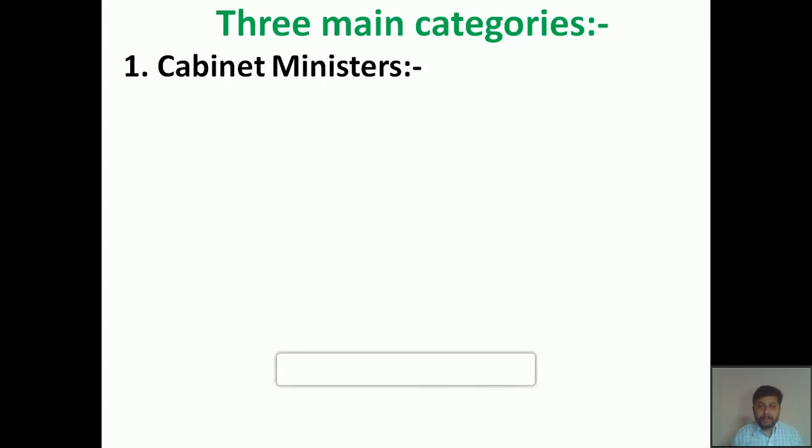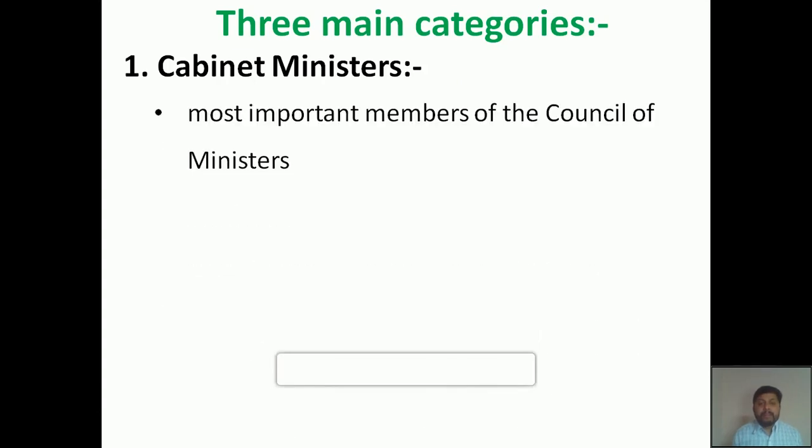First one, cabinet ministers. The first category of ministers are cabinet ministers, the most important members of the Council of Ministers. They are the most important personalities in the Council of Ministers of our country, or the central government. They are holding important portfolios.